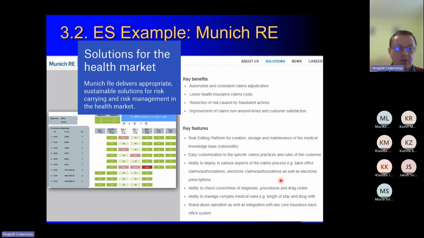And here is a solution for medical insurance, which, based on information about the patient and his health records, provides an automated solution for claims and allows reducing health insurance cost and fraudulent actions, and so on. So here is one solution. It's financial analysis related to clinical data, of course.